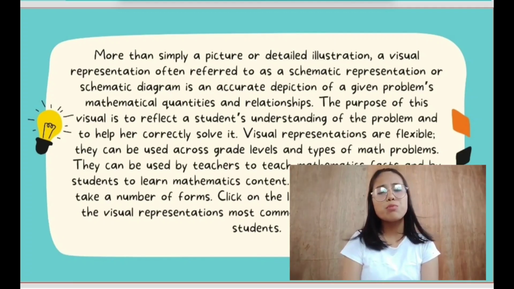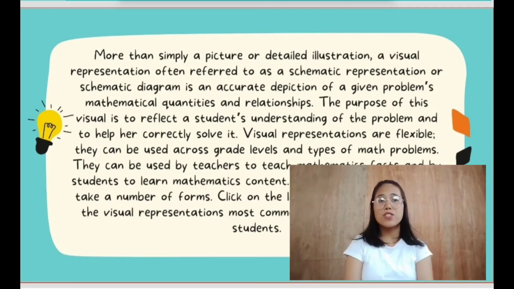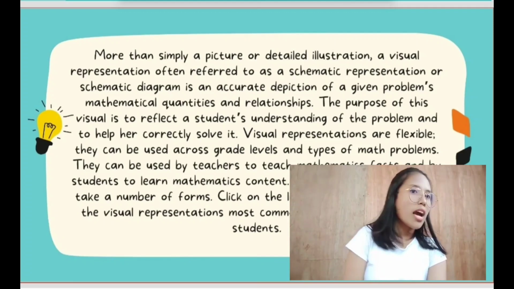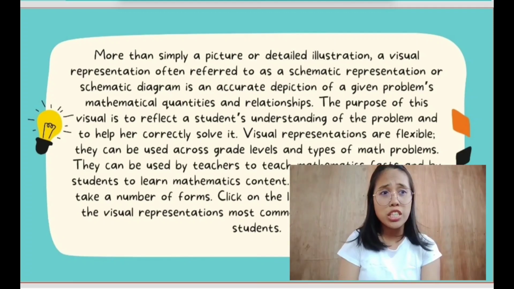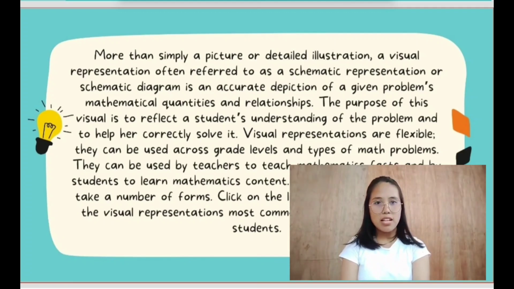The purpose of this visual is to reflect the student's understanding of the problem and to help her correctly solve it. Visual representations are flexible, so they can be used across grade levels and types of math problems. They can also be used by teachers to teach mathematics facts and by students to learn mathematics content.